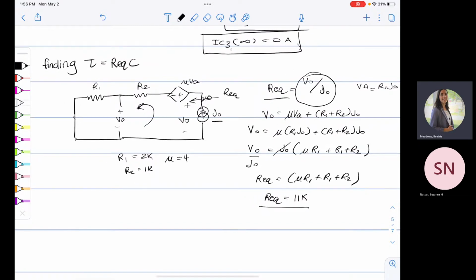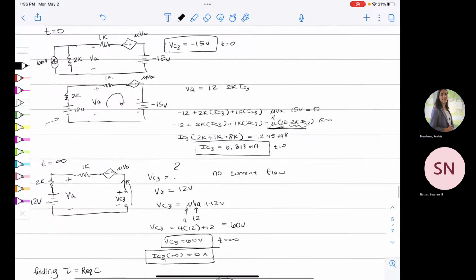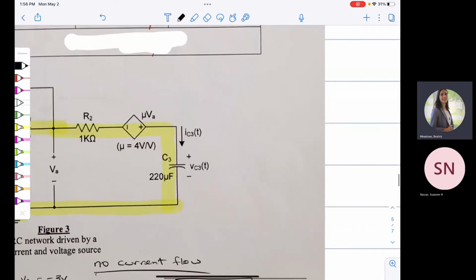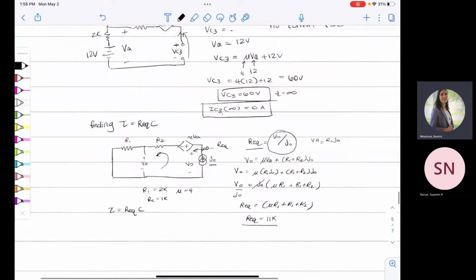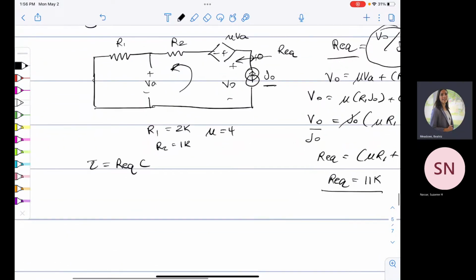So now we have this. Do we have enough information to find tau? Why not? But we were given that, right? Which is 220 microfarads. So now we can just plug it in.